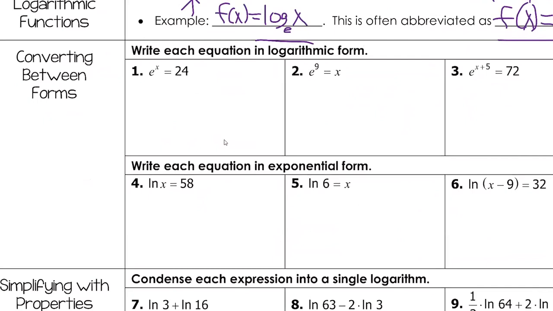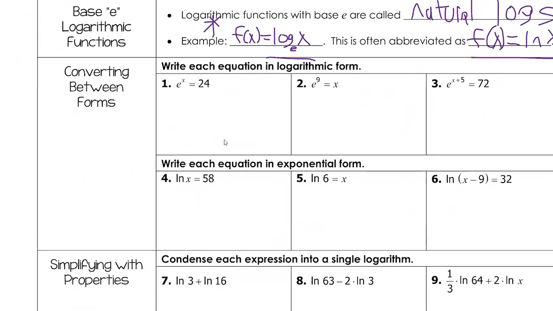So you can still convert between forms. If you remember the general form, you have the log of your base, it's going to equal your power, and then this is your input, I guess you could call it.